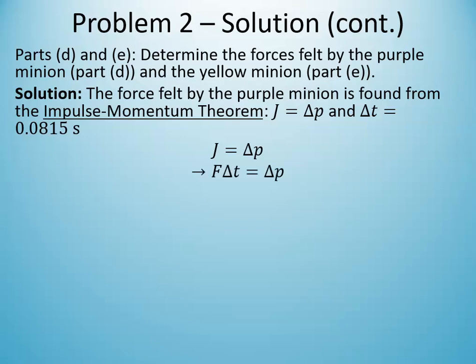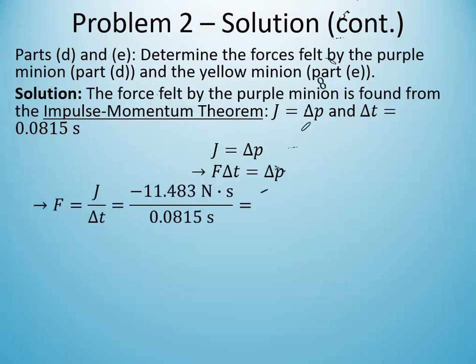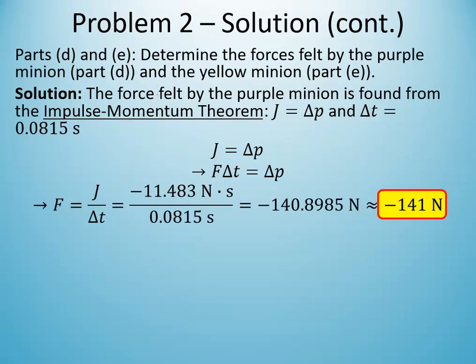So J is delta P. But we also know that J is F delta T, impulse is force times time. So therefore that is equal to delta P. Well, we've already calculated delta P. That's really what we calculated in parts B and C. So now that we know the time of the collision, we can plug that in and get the force.